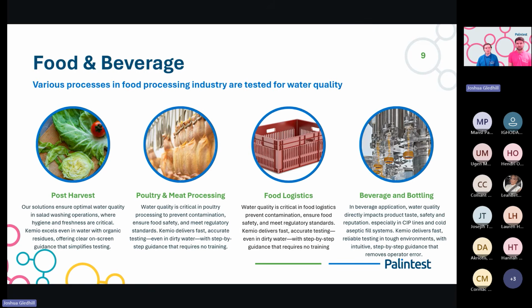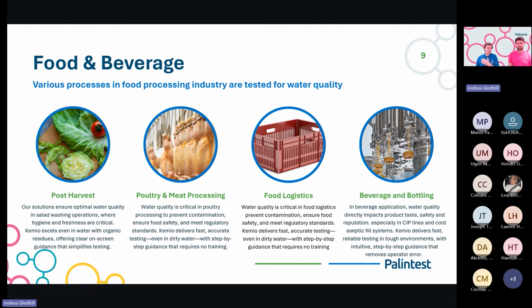Okie dokie, so we've got 4 key sectors where Kemio is used. We're going to talk in a little bit more detail about these sectors in a moment, but I just wanted to quickly go through them. We've got post-harvest, which is where salad potentially coming in on the production line will then be washed in disinfected water. We've got poultry and meat processing.